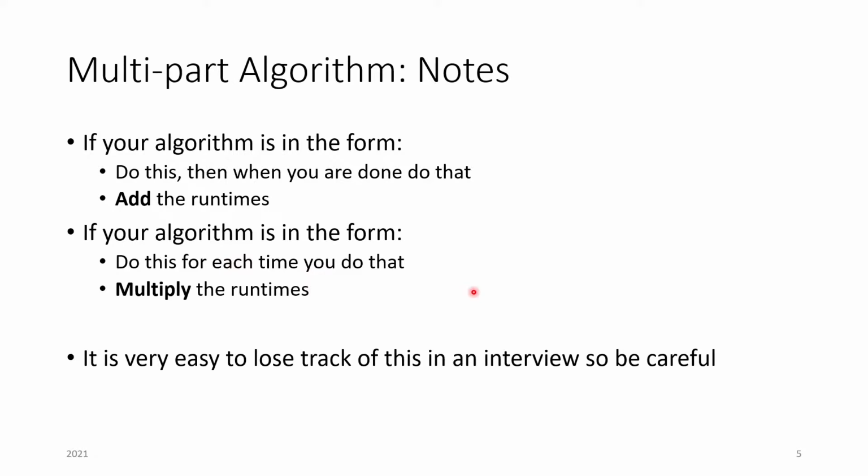And the nice way of thinking is that if you have for loops that do not nest with one another, so you have a first for loop and then a second for loop afterwards, they add together. But if you have for loops that nest within one another, then you multiply them accordingly. It's very easy to lose track of this in any sort of interview. Be very careful when you're doing the analysis. It's also very easy to lose track of the code as well. So do the analysis very carefully when you solve a problem.